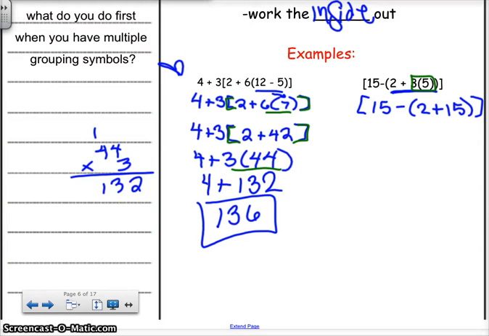Okay? So I still have inner grouping symbols. 15 minus 17. And what's 15 take away 17? Negative 2.